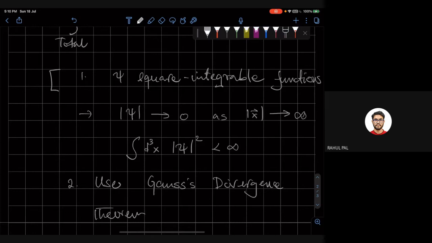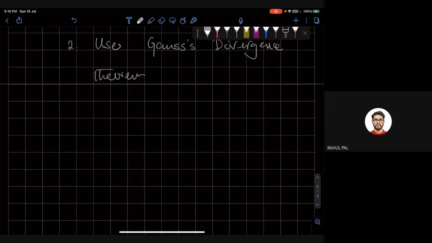So what does Gauss's divergence theorem tell us? If you have a volume integral, say d cubed x over some volume, and the integrand is the divergence of some vector, then that is equal to the surface integral dA, a two-dimensional surface, over sigma, which is the boundary of that volume, of dA dotted with that vector.